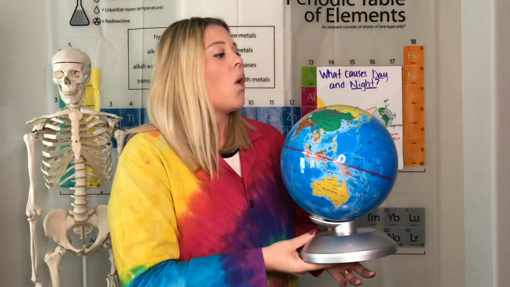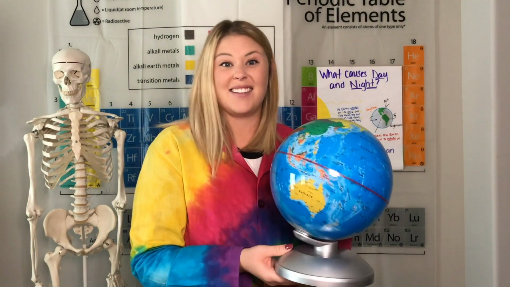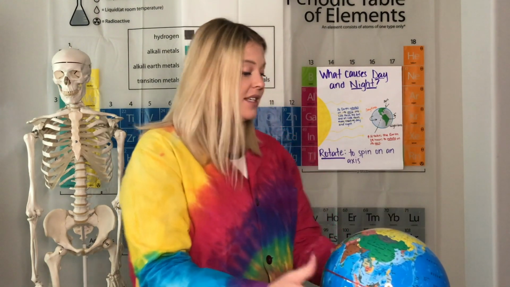Now scientists, we are focused today on the words day, night, axis, and rotation. The North Pole of Earth, that very center dot at the top, and the South Pole of Earth, where my little spinner's at the bottom, there's a straight imaginary line that runs through that. And that line is called the axis, and it runs through the very center.